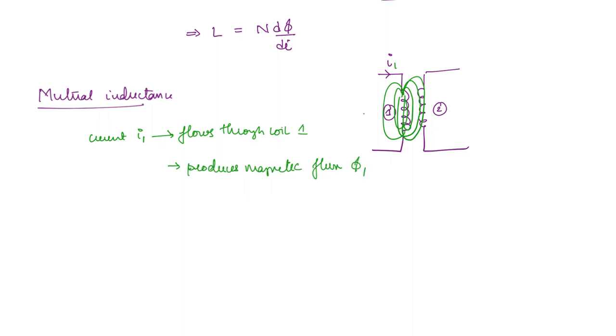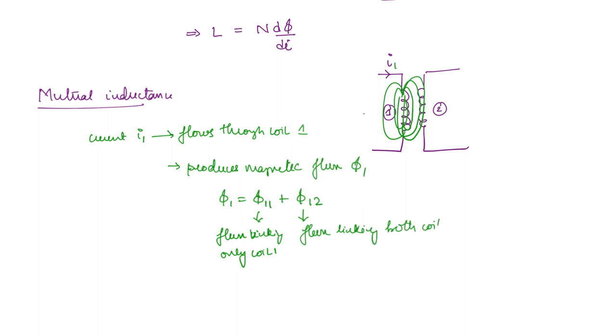Now phi 1 we can divide as phi 11 plus phi 12. What are phi 11 and phi 12? Phi 11 is the flux linking only coil 1, and phi 12 is the flux linking both the coils.